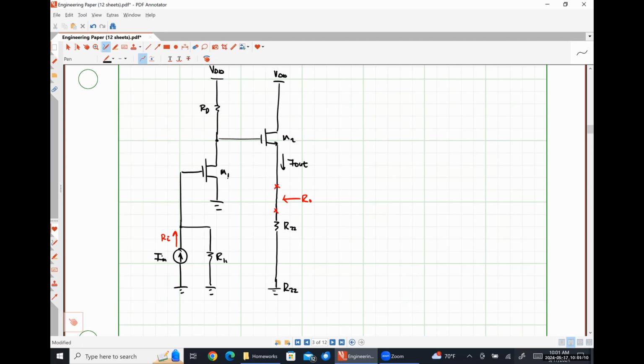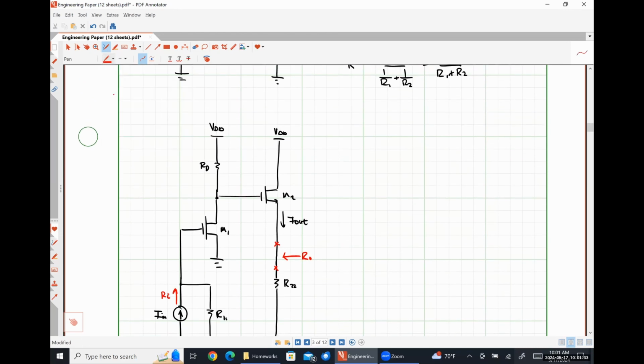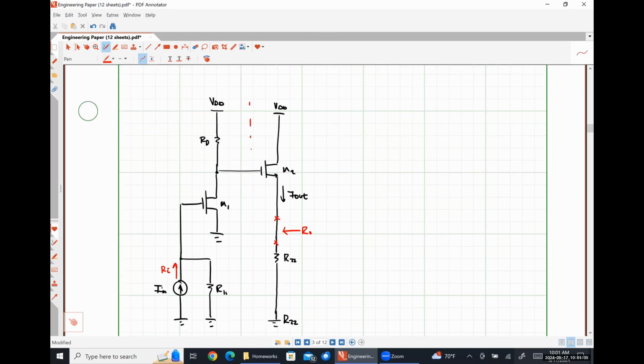So I feel like we're going to do what we've done other times we've seen cascaded amplifiers. Like I said a moment ago, this to me at least looks like a common source amplifier cascaded into a source follower amplifier. We're going to break it up into two stages, but this one we're going to kind of break up into three.